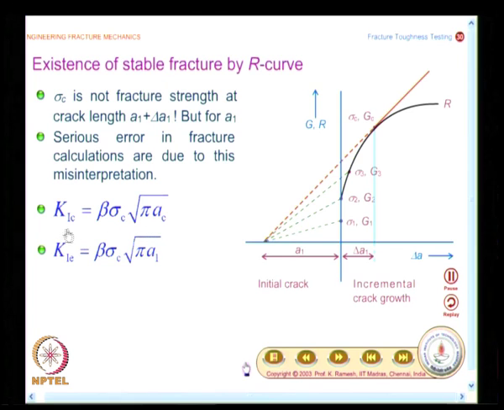So, people came out with apparent toughness, which is K1E, given as sigma c square root of pi A1. We would see this graphically. Once you look at the graph, you will be able to appreciate this alternate definition. So, in thin panels, you will always have a stable fracture followed by unstable fracture.